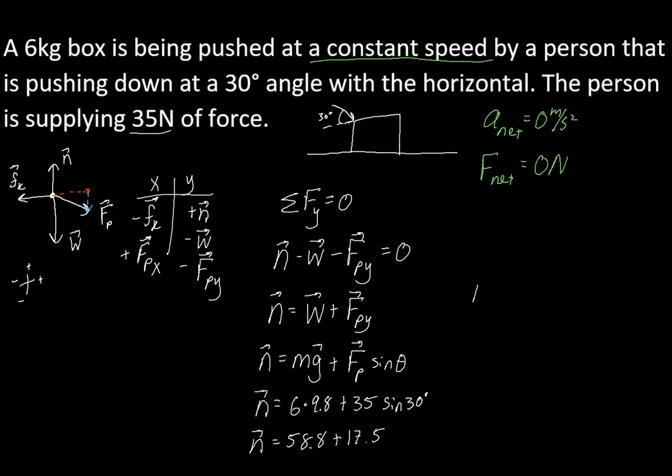And now that gives us our final normal force of 76.3, which again, this answer does make sense because now the person is pushing down. So they're pushing to bring the box further into the surface, I guess the floor, which means the normal force has to push harder to make sure that it doesn't go through the floor.